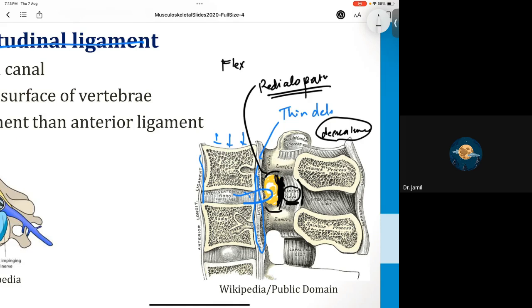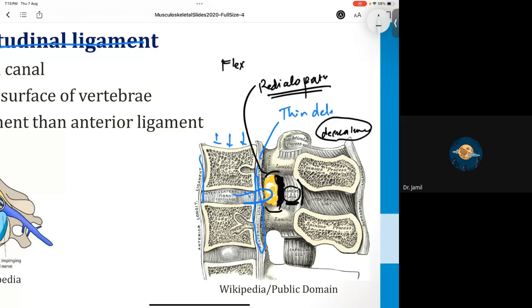So for example, if an individual is having ligamentum flavum hypertrophy, and as he flexes forward, the pain which is due to this radiculopathy is going to improve. Does that make sense? Because it's already hypertrophied, and as we are flexing forward, we are making the lumen size big. So in that way, we will be releasing the stress on the nerve.